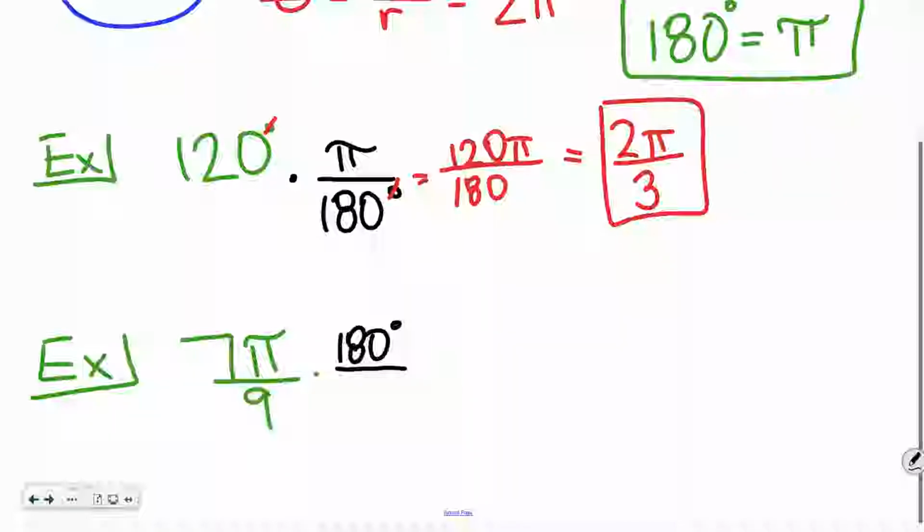Now we want the degrees, so that needs to be in the numerator. We don't want the radians, so those need to cancel out. Radian doesn't have a label, so you're not going to see a label cancel out like you would with degrees. But conveniently enough, there are pi's that cancel out.